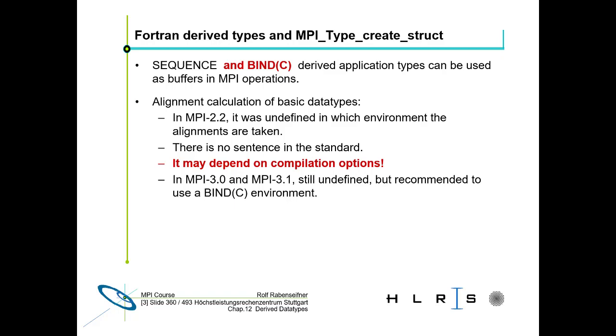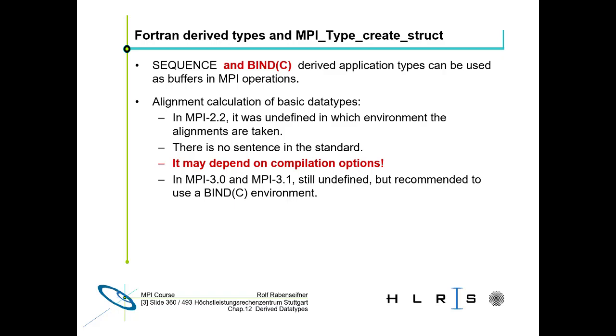So, Fortran derived data types and MPI_Type_create_struct. We need to use either SEQUENCE and/or BIND(C) for derived application types, so that they can be used as buffers in MPI operations. The BIND(C) is pretty useful as well. This was added in MPI 3 actually.